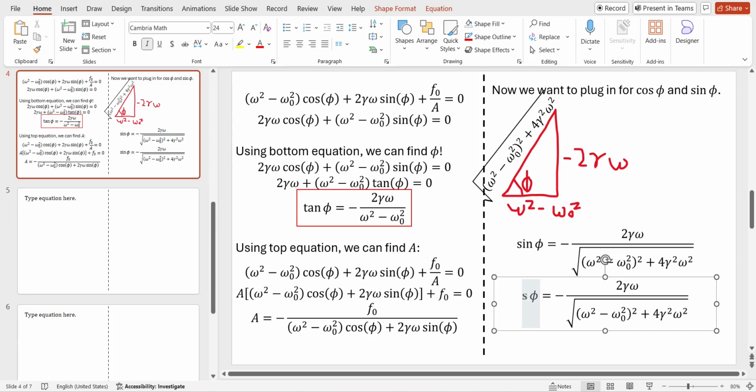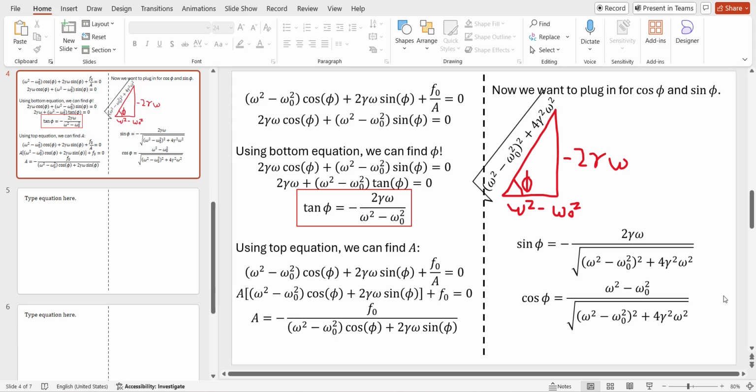And cosine phi will be the adjacent over the hypotenuse, without the minus sign. There it is. So now we have sine phi, cosine phi. We can plug those in to find A, basically, which is what we were trying to do this whole time.